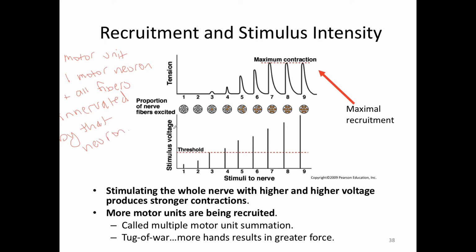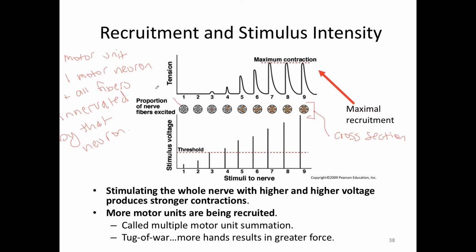So, what are we looking at here? The proportion of nerve fibers excited, so this is a cross-section of a spinal nerve, and the little yellow circles, or in this case the little white circles, these are individual nerve axons, so an implied motor unit.